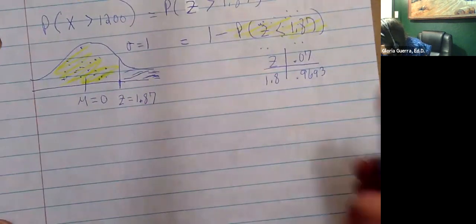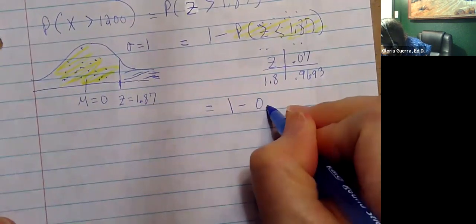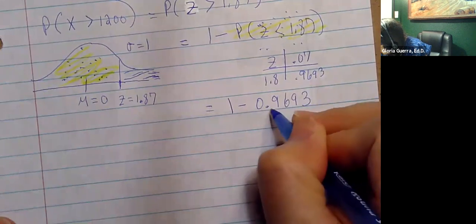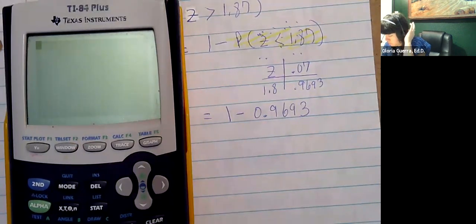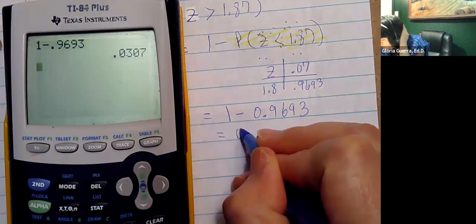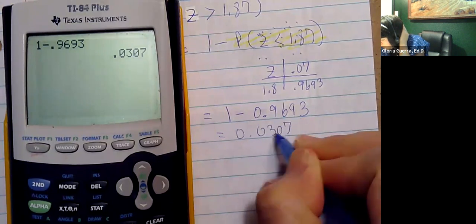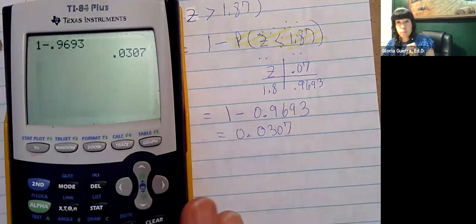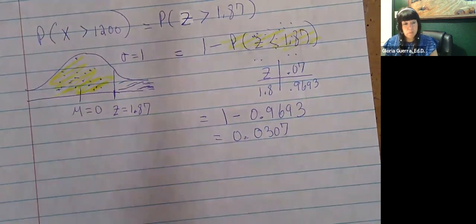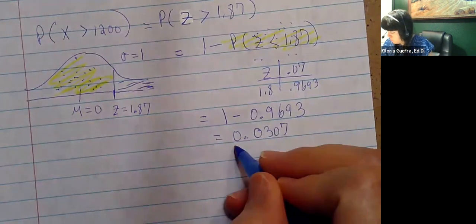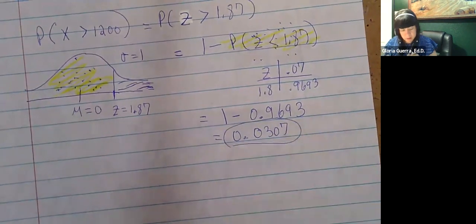Okay, so then I have 1 minus 0.9693. 1 take away 0.9693 is 0.0307. Okay. And that's what they want.